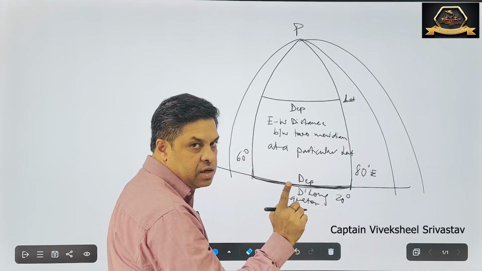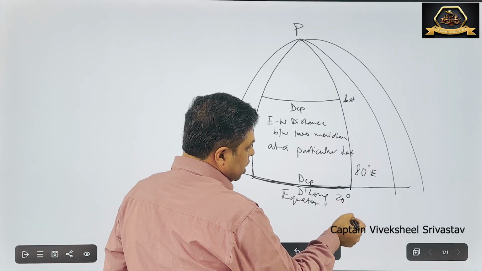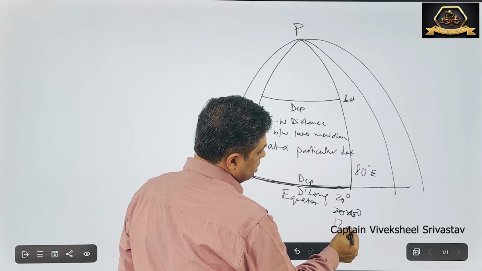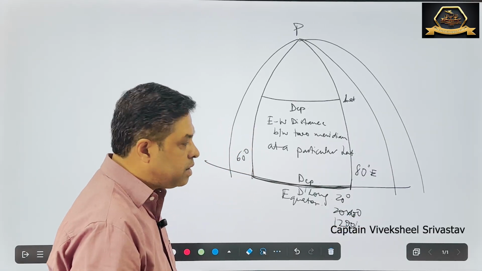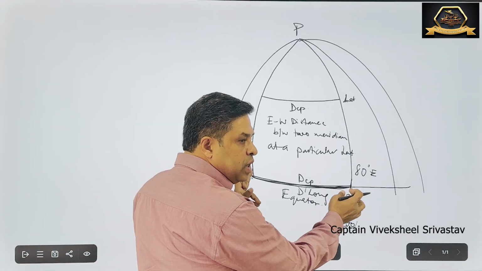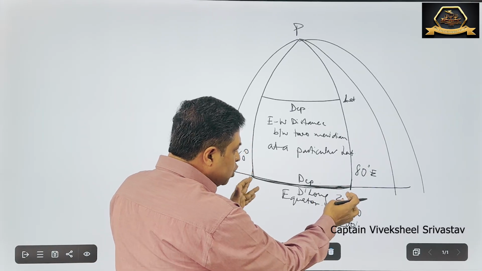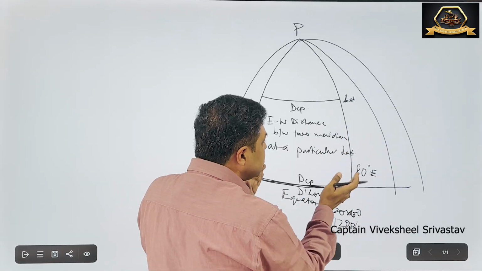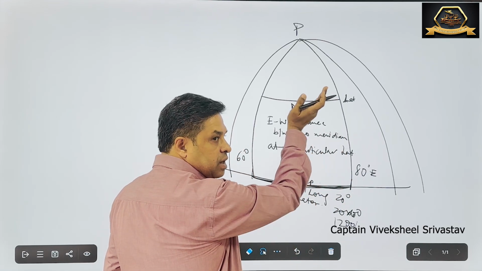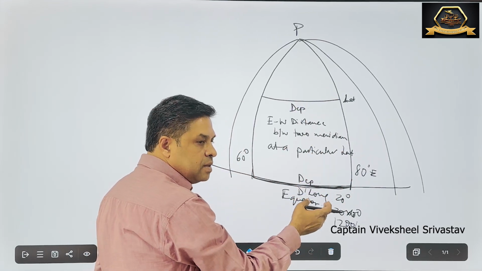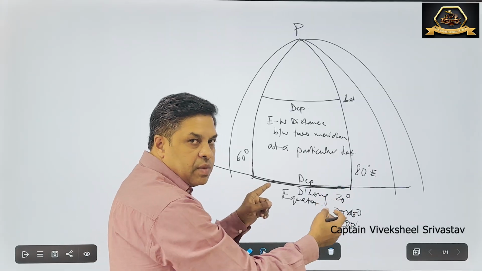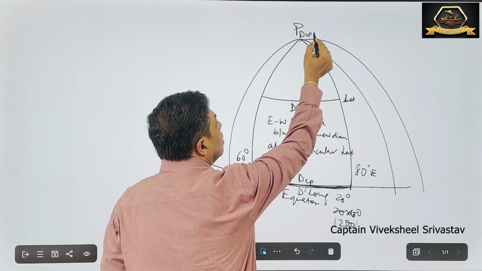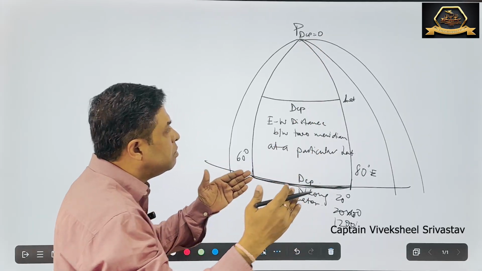Now departure is in miles, not in degrees. So miles means 20 into 60, which is 1200 miles, right? So the departure is equal to d long at the equator. And as you will observe, the distance between these two meridians keeps on decreasing as the latitude keeps on increasing. So what happens to departure? At the equator, the departure is equal to d long, and as you go up, the departure eventually becomes 0 at the pole because the meridians converge.